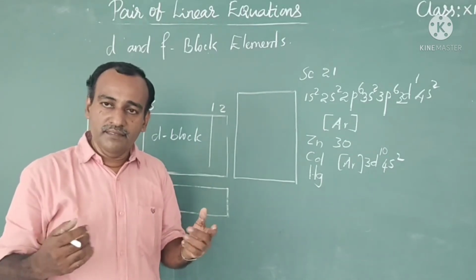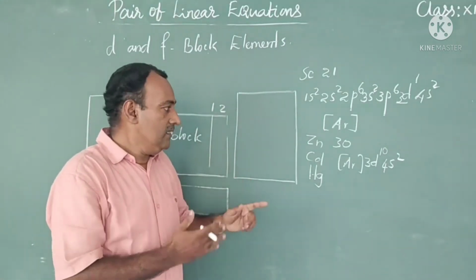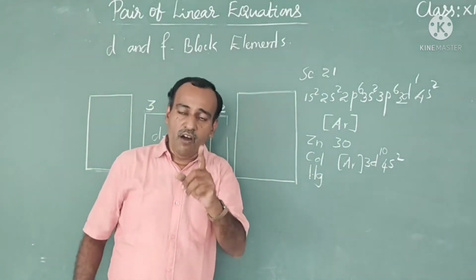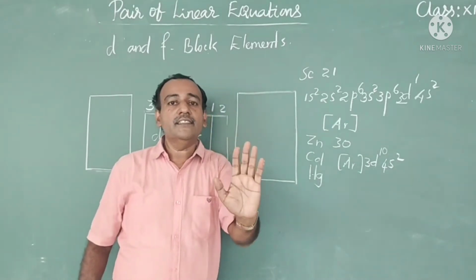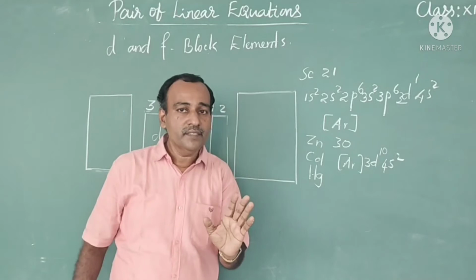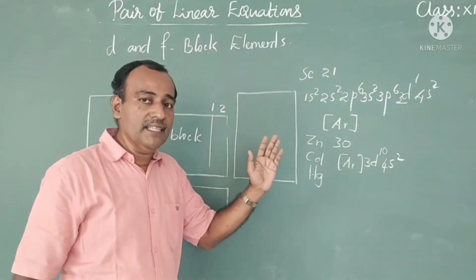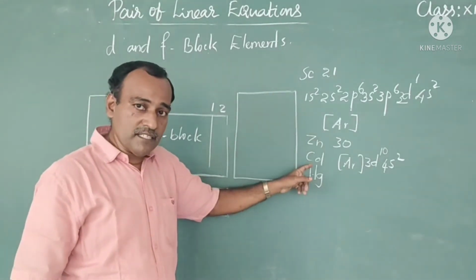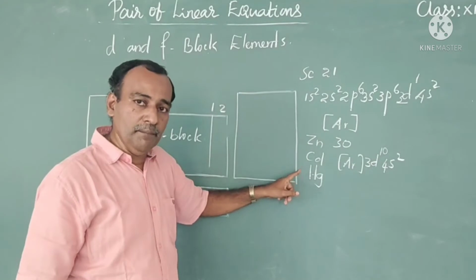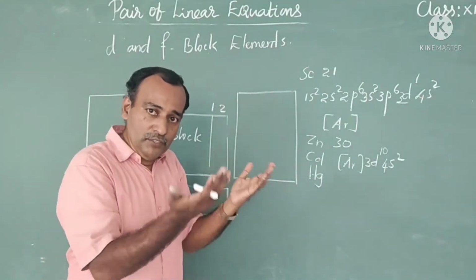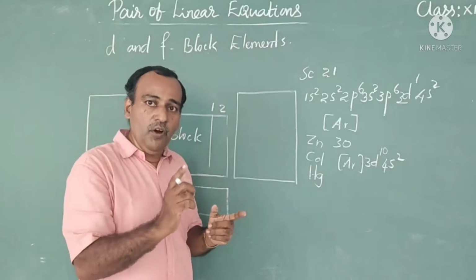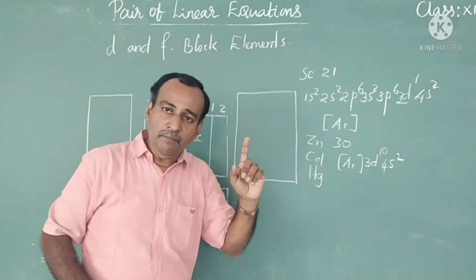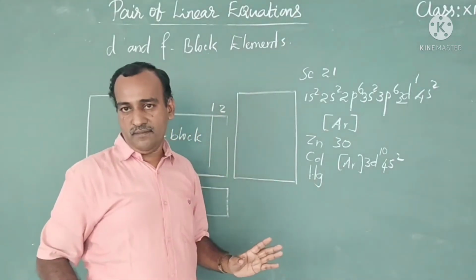But we are studying zinc, cadmium, mercury. That means the elements of group 12 are studied along with the transition elements. Why? Because they are the end member of the series. The chemistry of zinc, cadmium, mercury is included along with the d block elements only because they are the end member of the series.